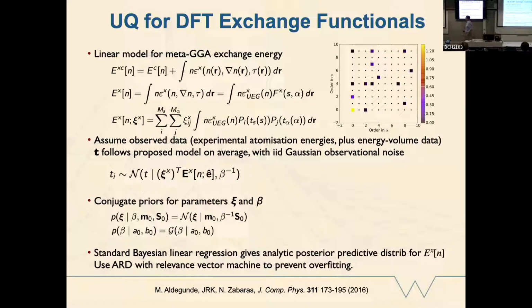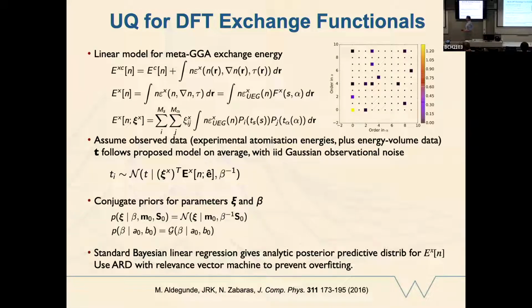We can write down priors, and typically we use conjugate priors because that makes the integral to get the posterior analytic. So we take a normal distribution for the coefficients, with some initial mean and covariance. These are defined through hyperparameters that we optimize, and then we have some noise parameters for the distribution.